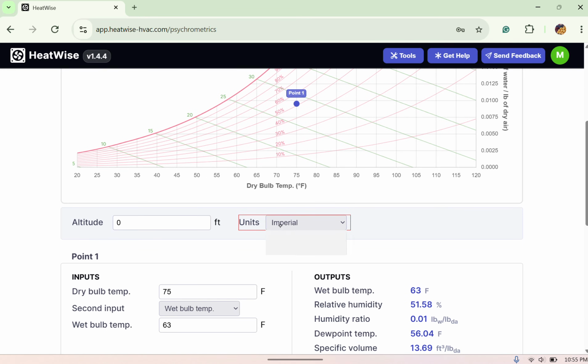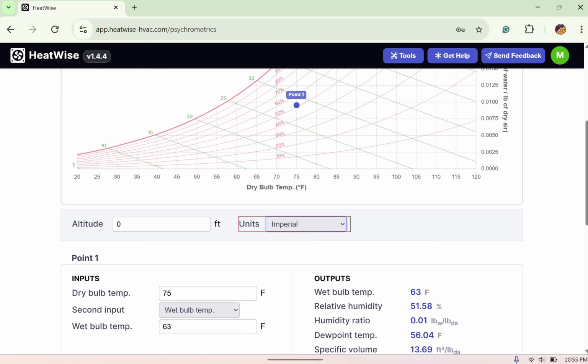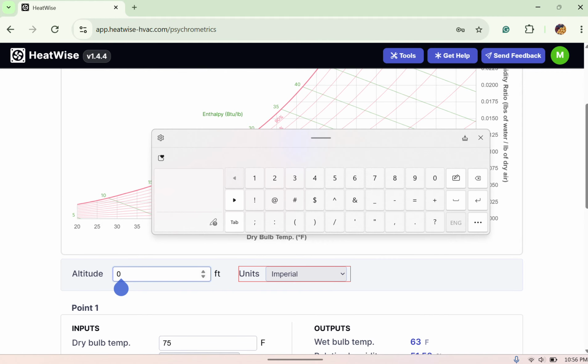You can switch between imperial and metric units, and if you recall from video 1, I mentioned how the altitude can actually change the psychrometric chart. The one that we've been using is a sea level chart, which is fairly accurate for up to a couple thousand feet above sea level. But if you really wanted to get your results refined, you can actually enter the value from here.